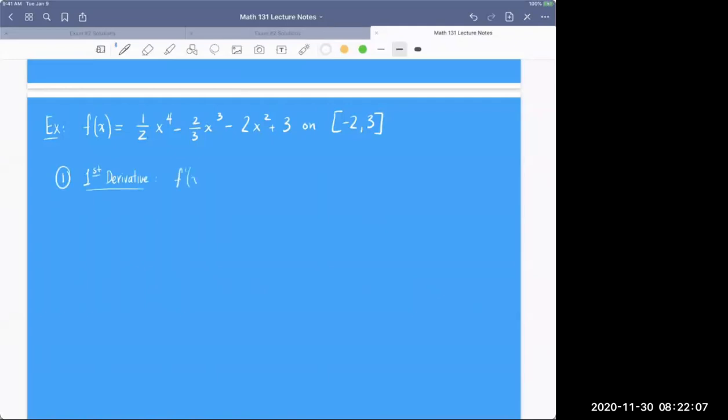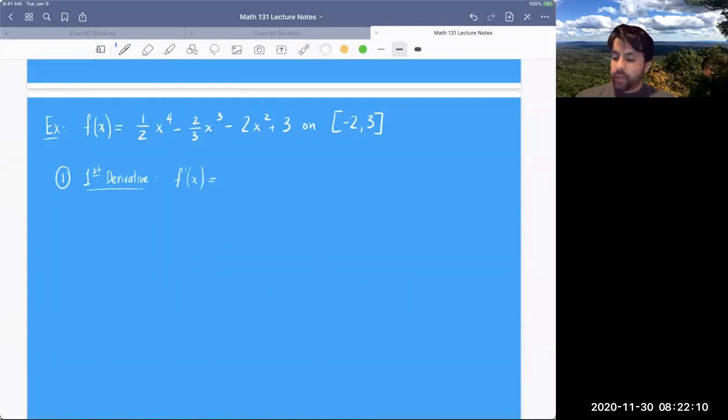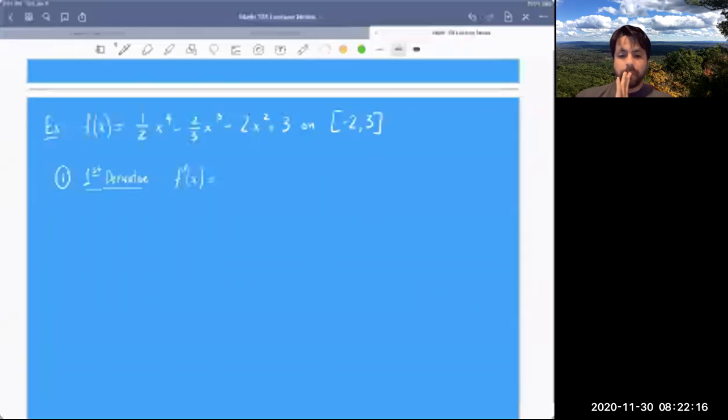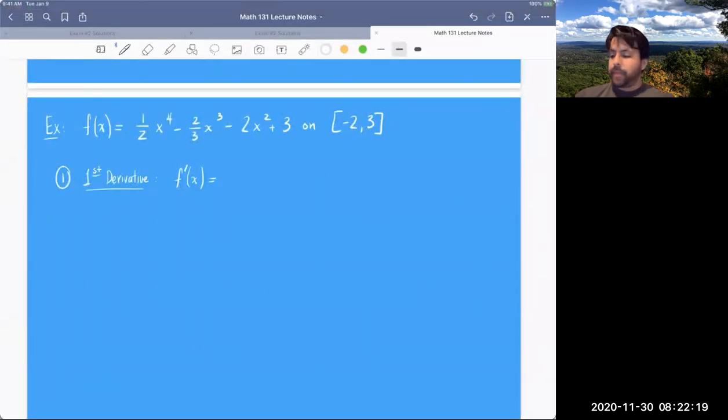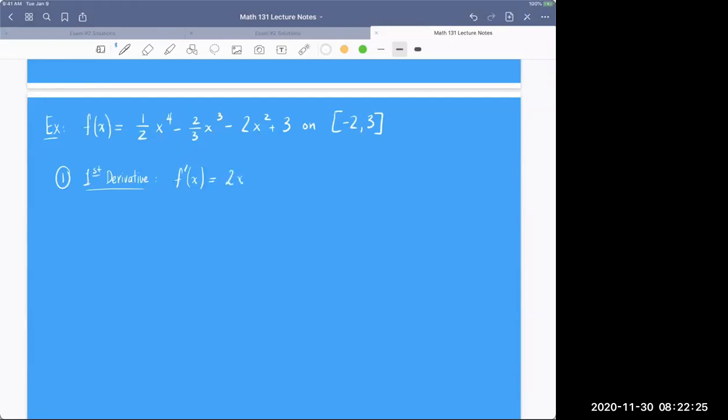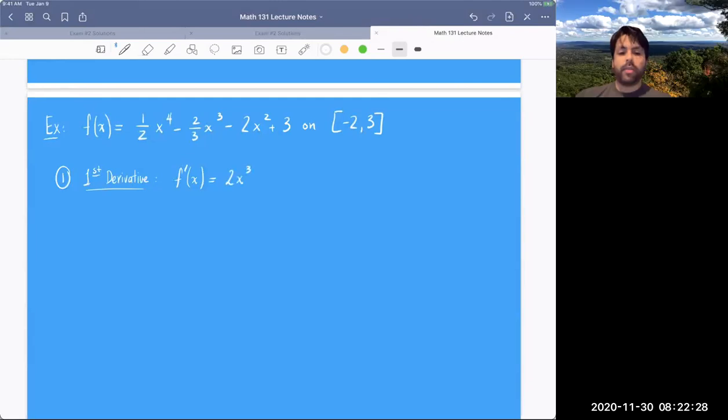So what's going to be my first derivative? I bring down the 4 with the 1/2 and it makes it into a 2x cubed. Bring down the 3, this becomes minus 2x squared minus 4x. Set it equal to 0. I can factor out a 2x, and I get x squared minus x minus 2 equals 0.